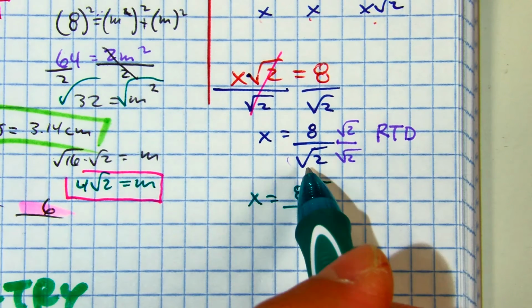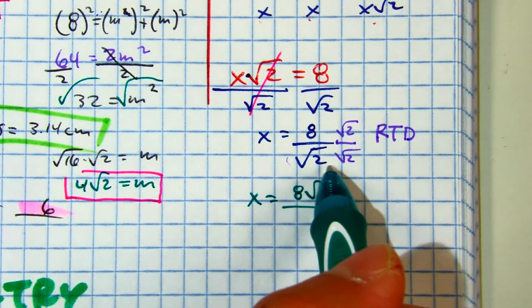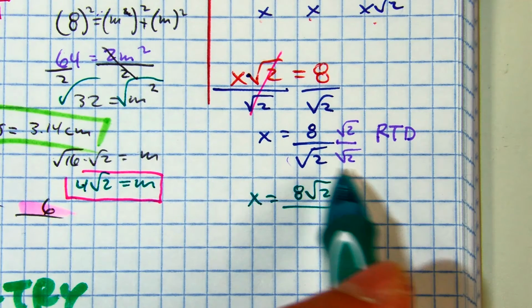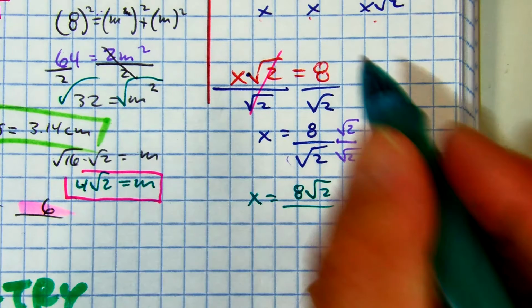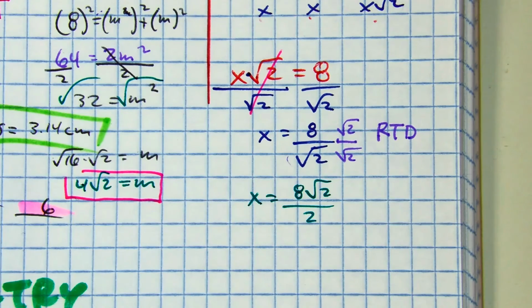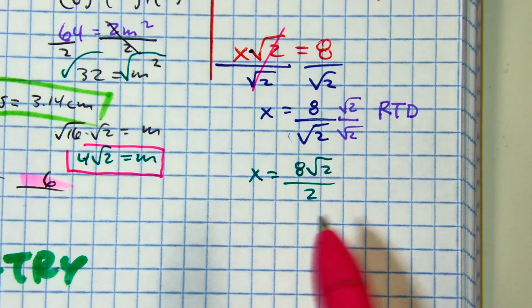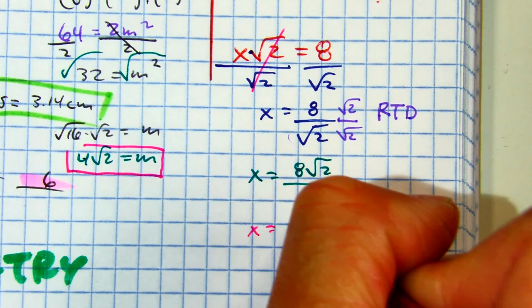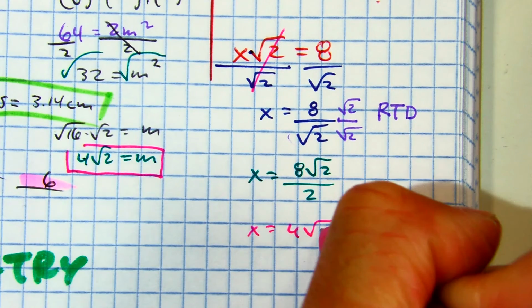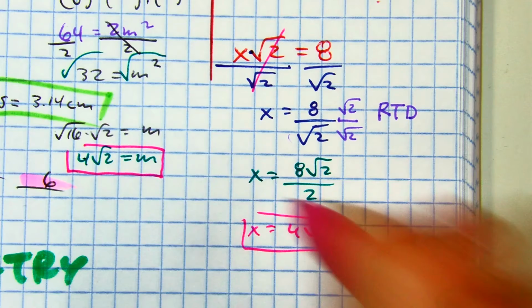Radical 2 times radical 2, that's going to be radical 4, and class, radical 4 is 2. And then 8 divided by 2 is 4. The radical stays in the numerator. My answer is x equals 4 radical 2.